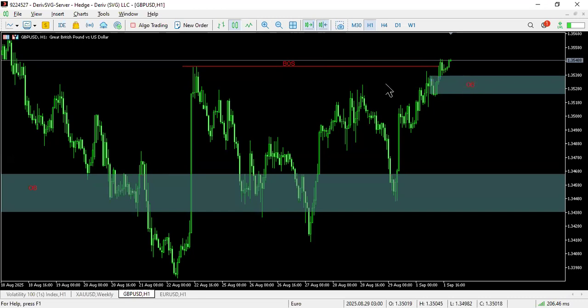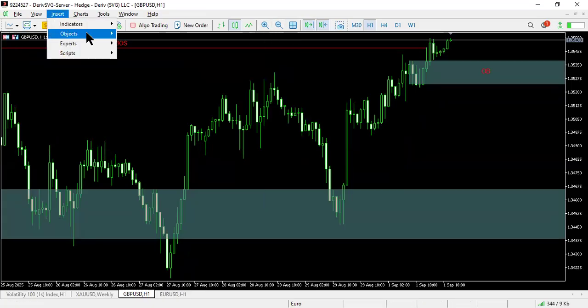Because we have broken structure, we are just waiting for price to come back and mitigate this order block. Therefore, we can place a buy limit here because we have broken a new high. Our order block is present.